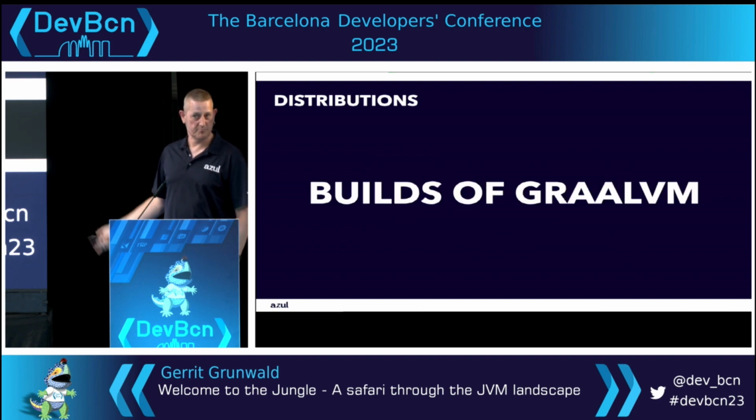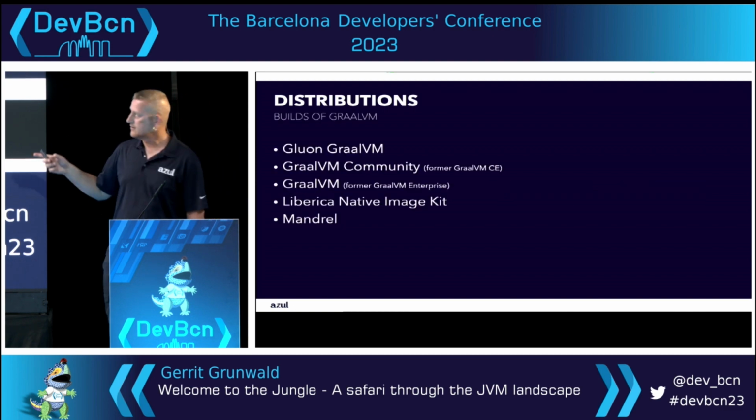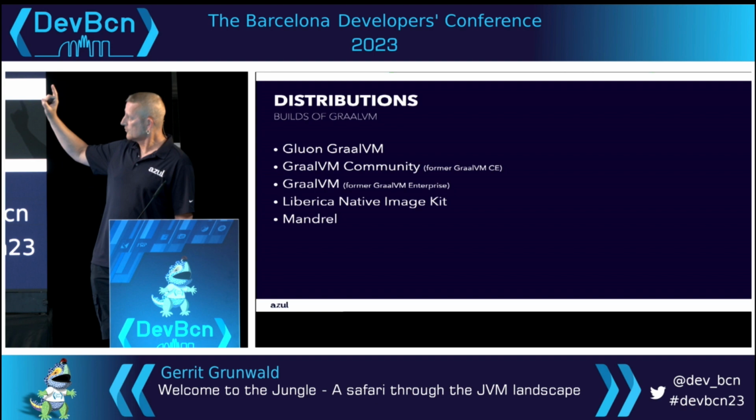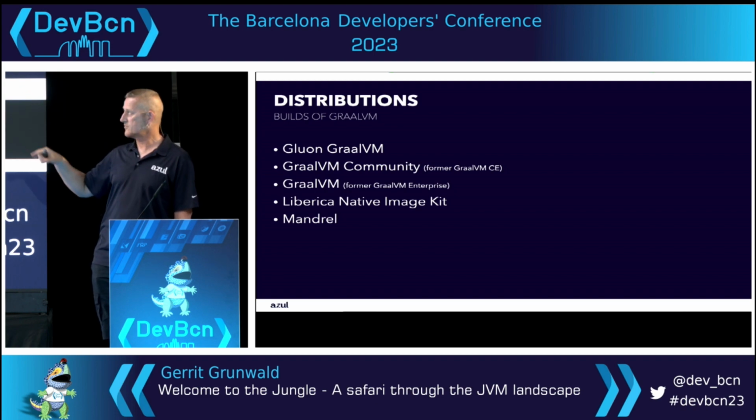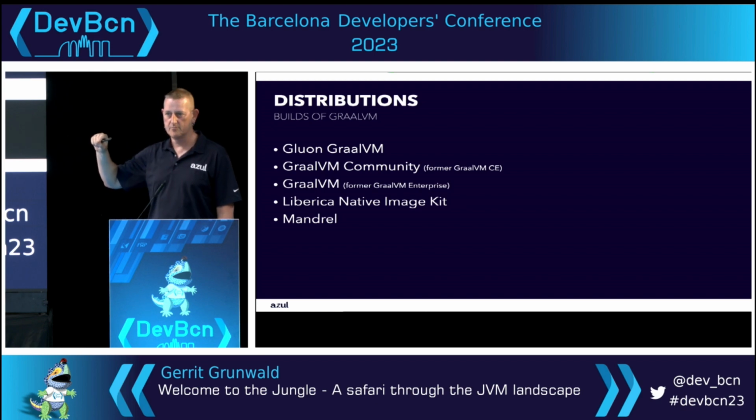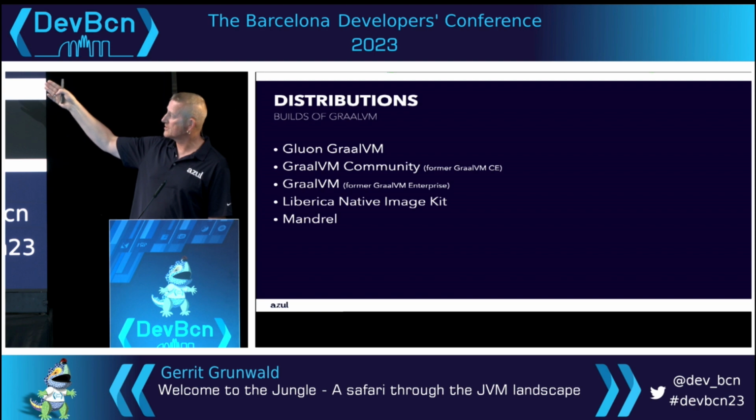Then we have GraalVM. Someone using GraalVM here in production? Okay, one. Native image? Yeah, okay, cool. It's not only one GraalVM version. We have Gluon GraalVM. This is made to create mobile apps with JavaFX using GraalVM for iOS and Android. Then you can have the community build of GraalVM.